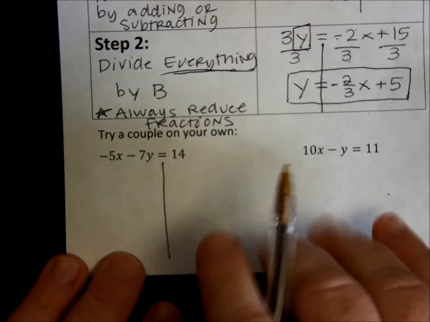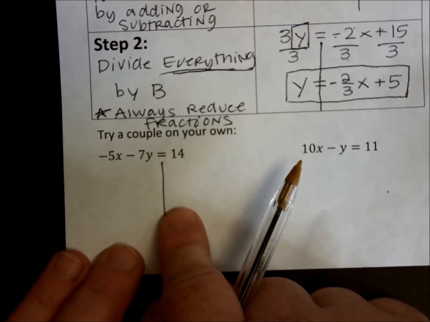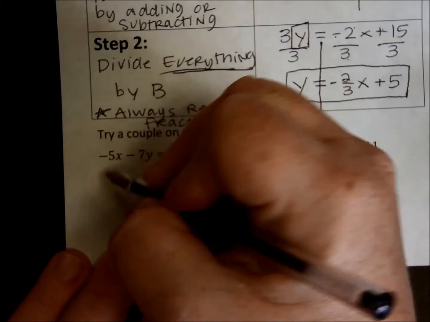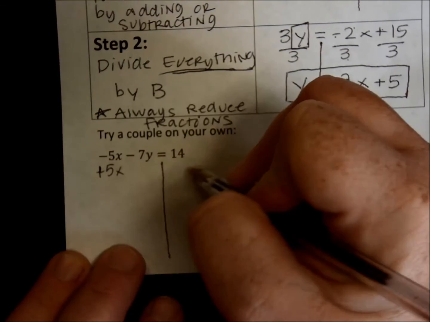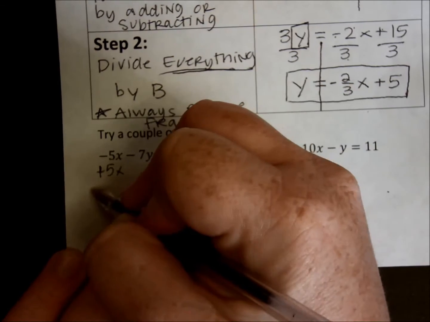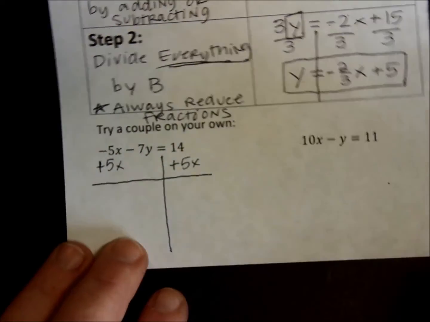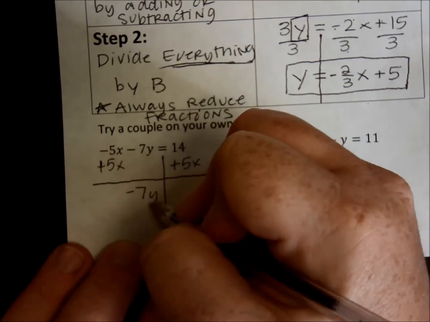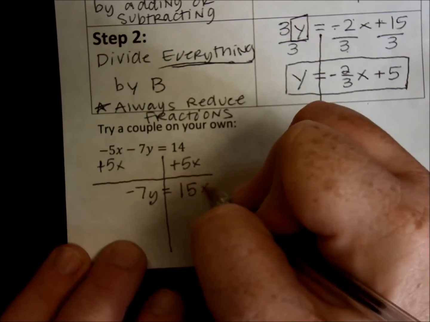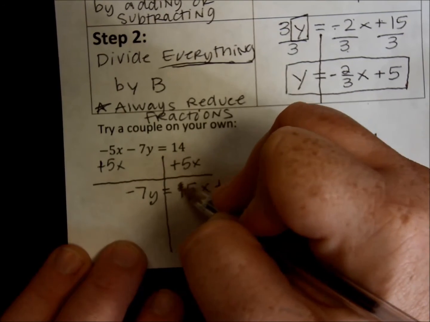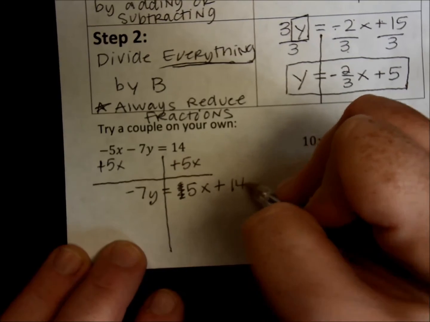Alright, so by now you should have an answer, and I'm going to go through this one with you. So the first thing I would need to do is add 5x to both sides. So once I do that, I have negative 7y equals 15x plus, 5x plus 14.